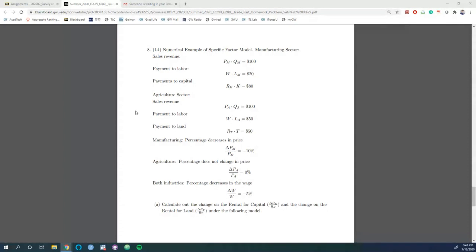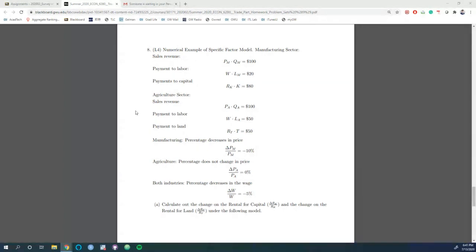So in the specific factor model, one of the important assumptions is what? Labor is a common production factor, right? So labor could be used in manufacturing and also in agriculture. That's the setting. However, in the manufacturing sector, there's another specific production factor called capital.